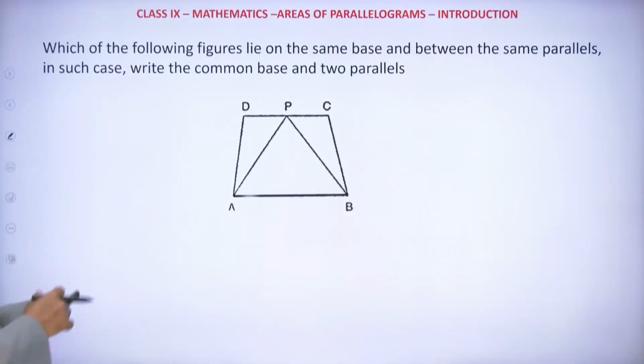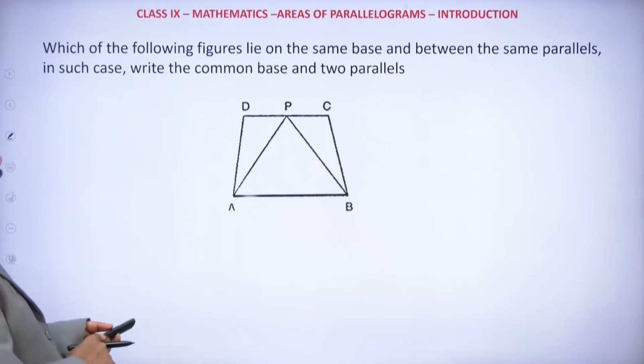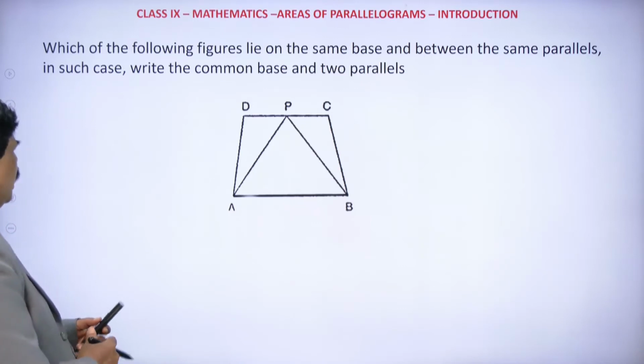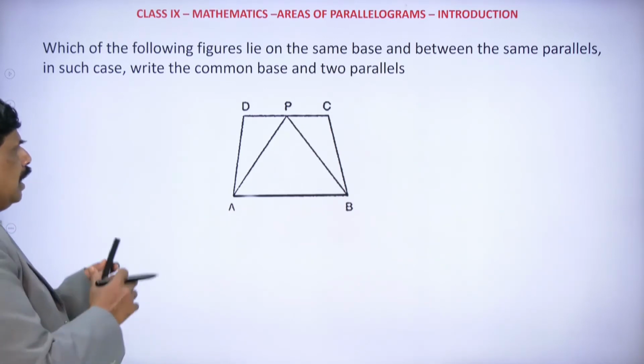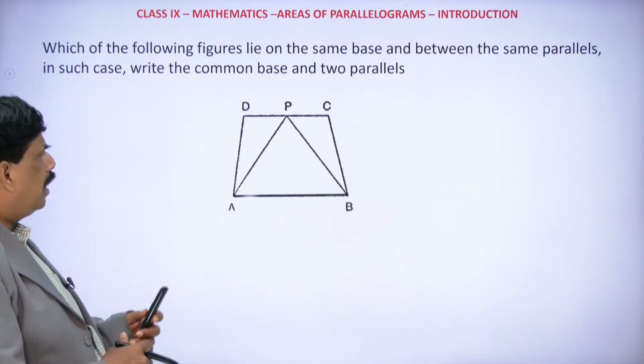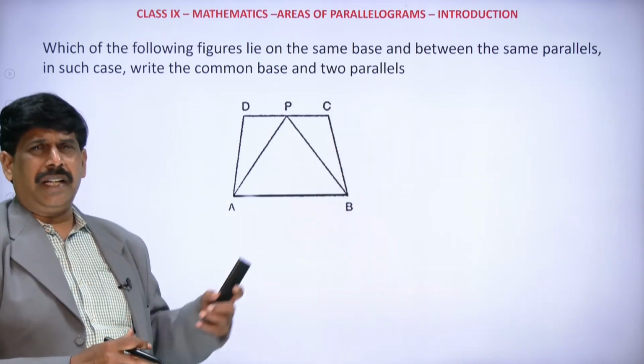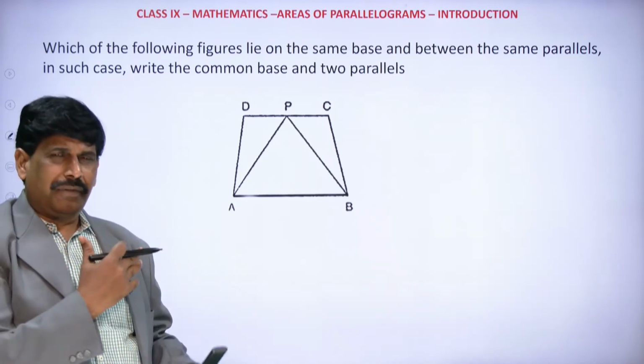Which of the following figures lie on the same base and between the same parallels? In such a case, write the common base and two parallels. So you look at the diagram and identify first what are the figures in that diagram.